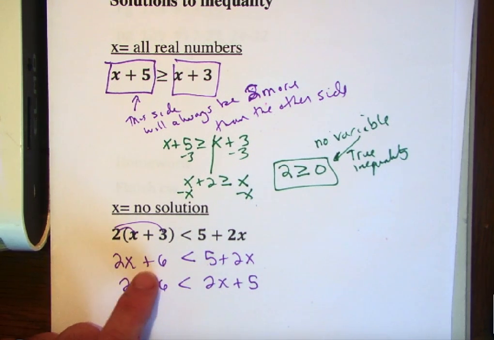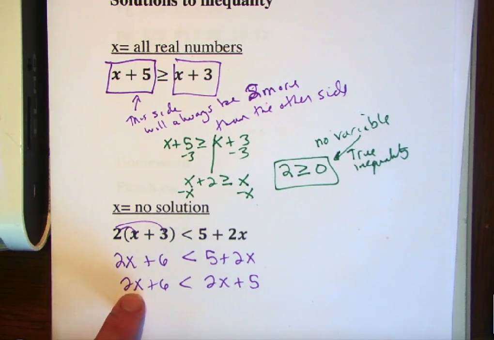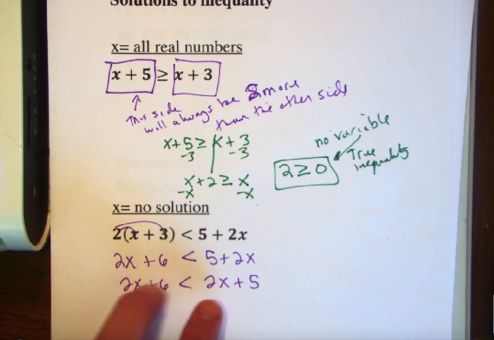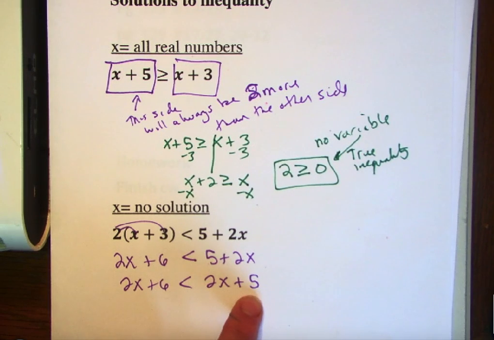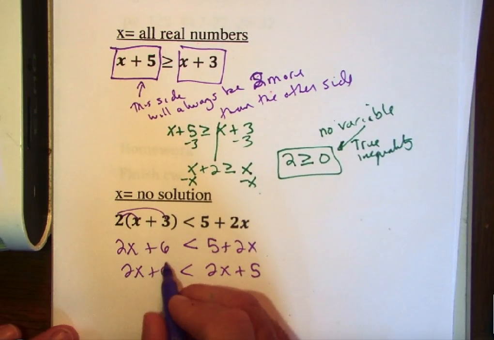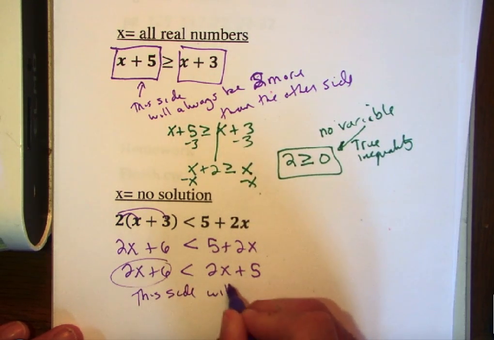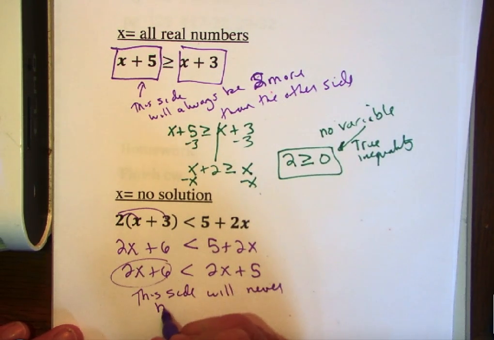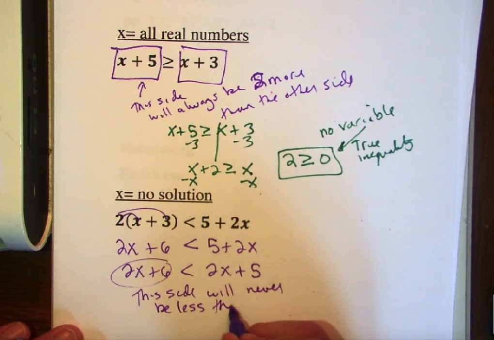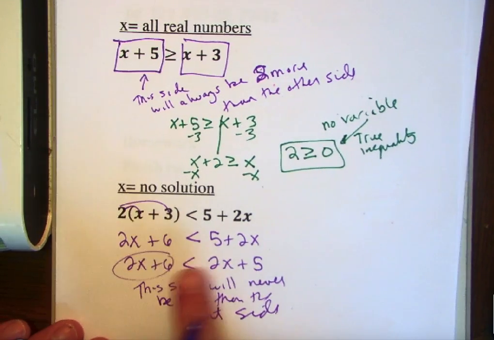Well, this side will never be less than this side. If you take a number and double it, then add 6 to one side and 5 to the other, this side will never be less than the right side. It can't be, because you're adding 6 and then you're adding 5.